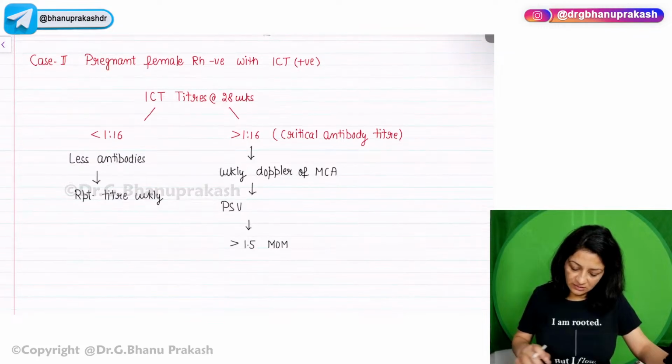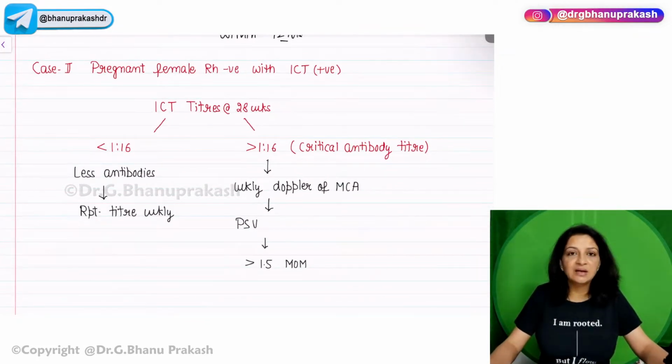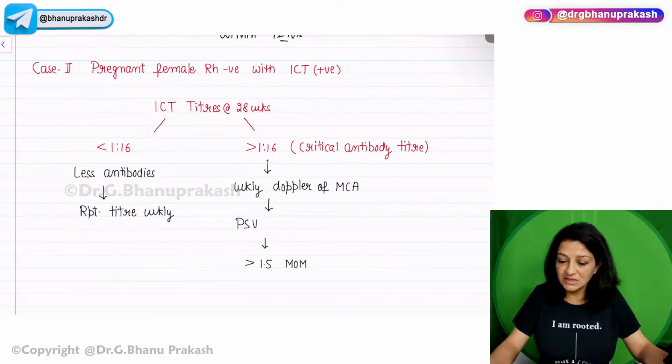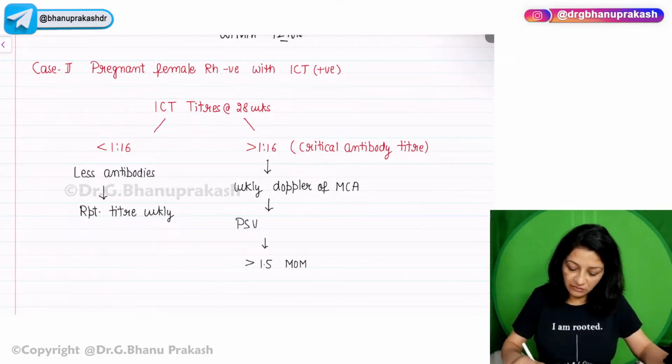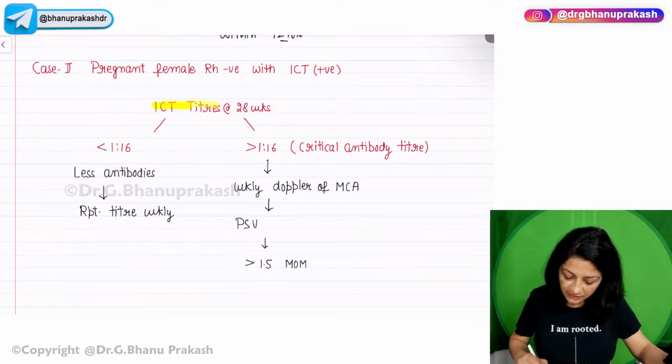In the second case, pregnant female RH negative with ICT positive. Then we will check the ICT titers.